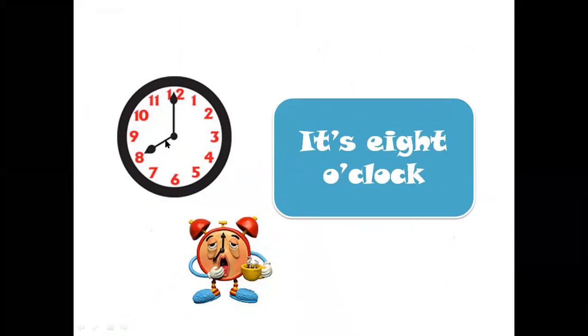What about the bigger or longer hand? It tells us about the minutes. So the shorter is for hours, and the longer hand is for minutes. If you like, you can write it in your book like this.